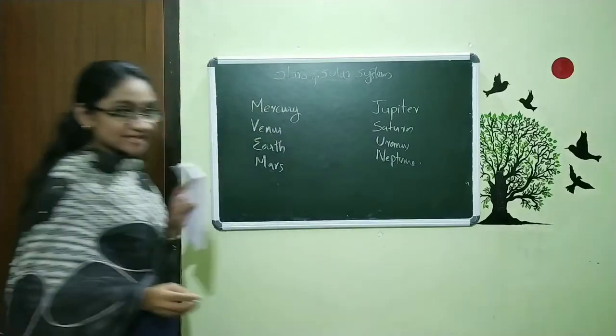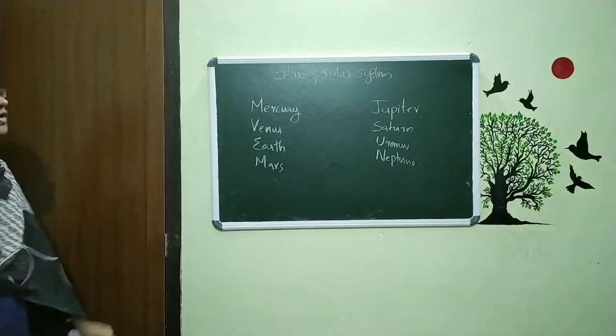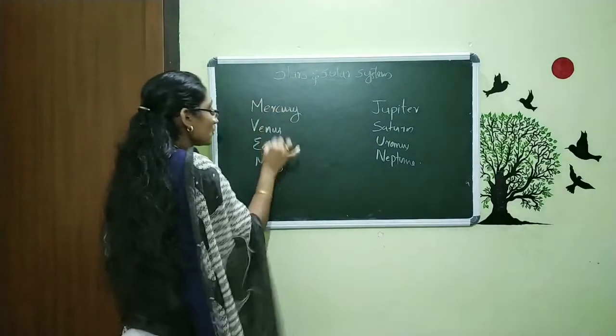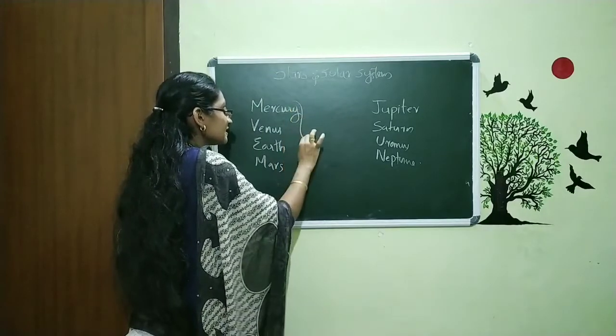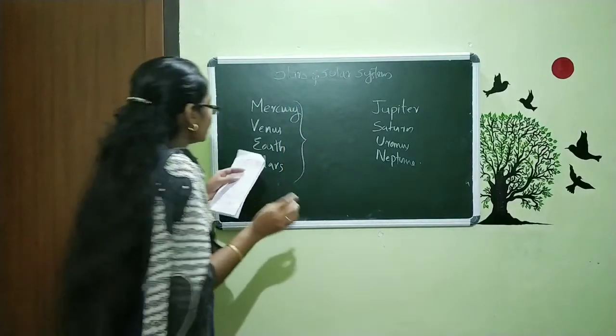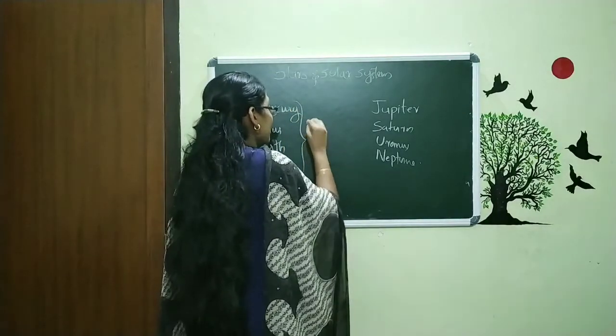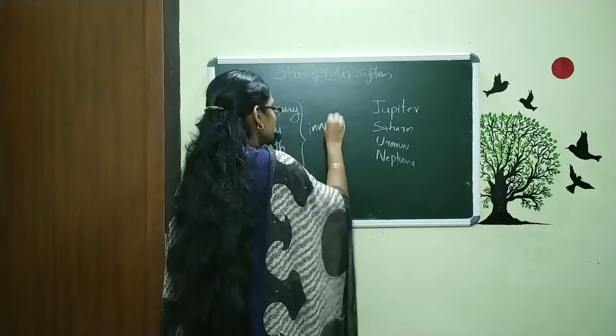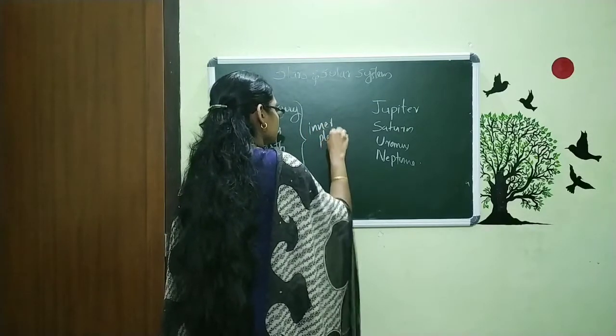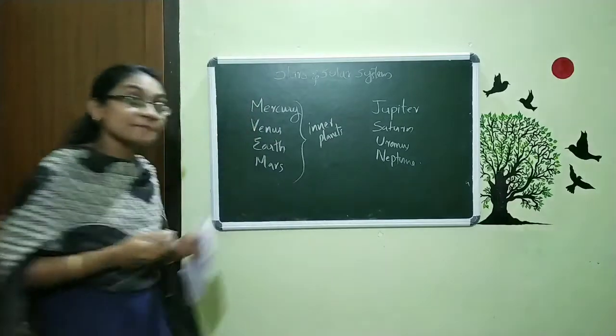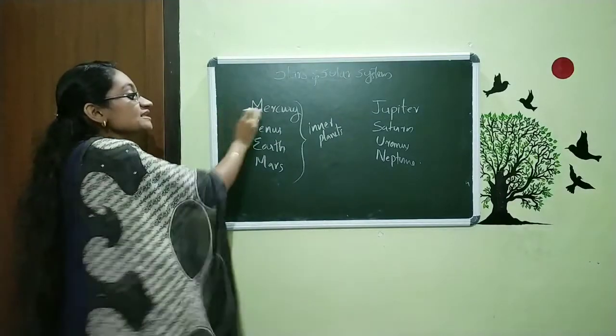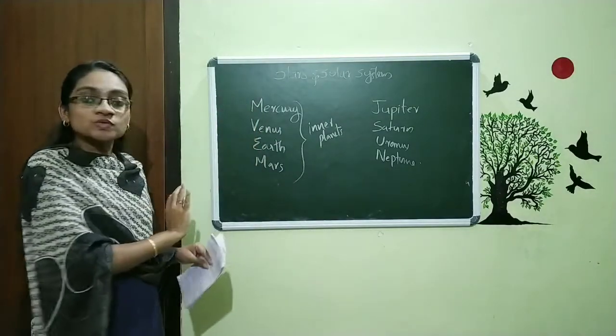These are the planets. Now I am going to group these four planets, which means these four are near to the Sun.